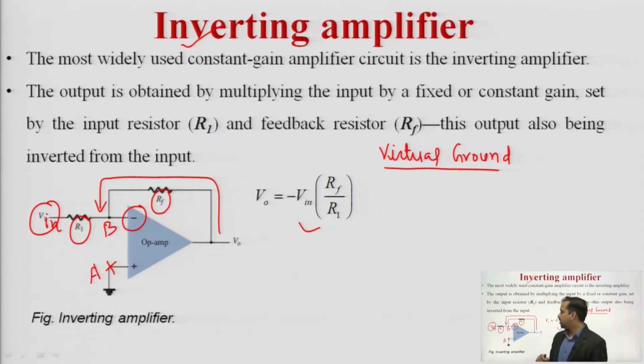So if it is VA and VB, then VA equals VB, and if VA is grounded, then naturally VB is also grounded.